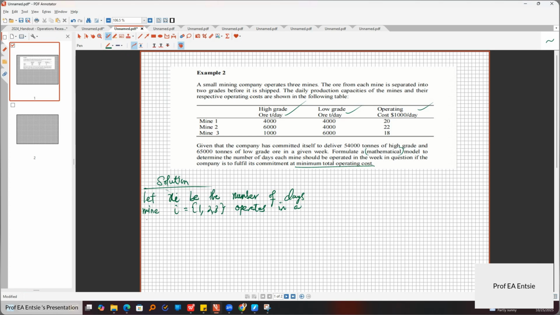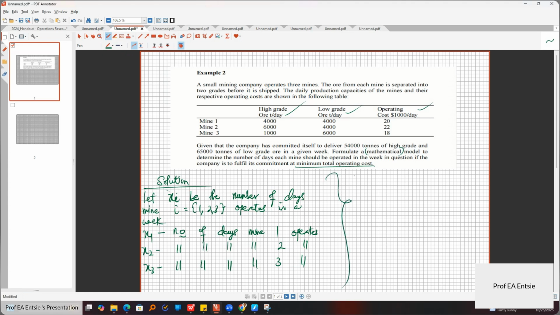So for instance, x1 is the number of days mine one operates within a week. x2 follows the same routine: the number of days mine two operates. x3 is the number of days mine three operates. So this is the decision variable that we've chosen.